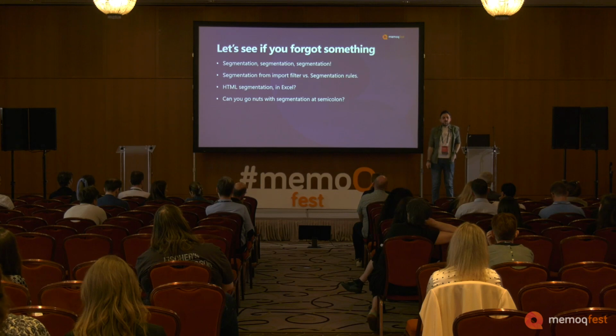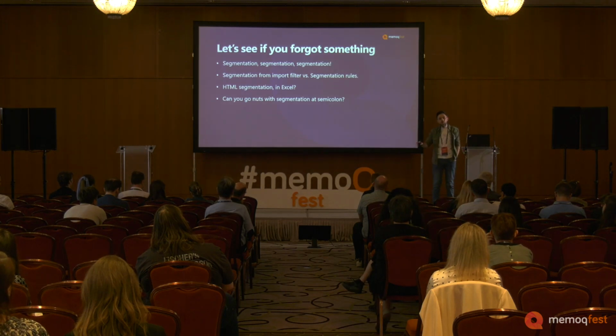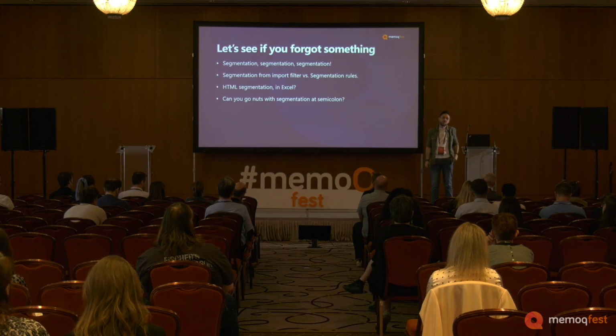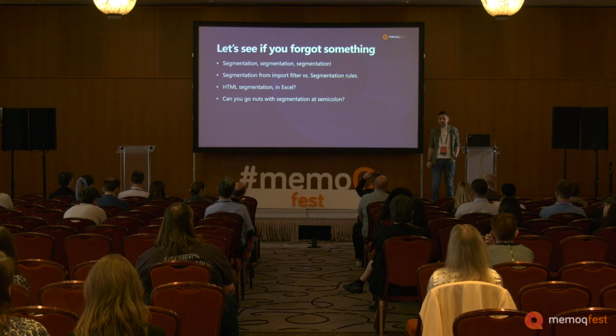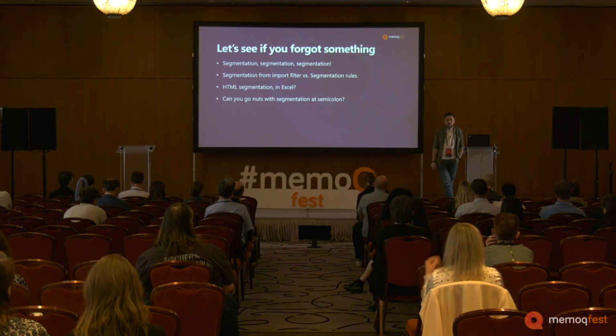You can go nuts with basically any character you want to do the segmentation. You have legal documents that are like this, one segment, because lawyers don't understand the concept of numbering. So they have A, B, C, and everything is in one segment. So if you're translating from English, you might go nuts with semicolon.